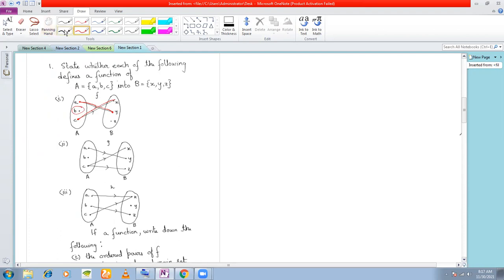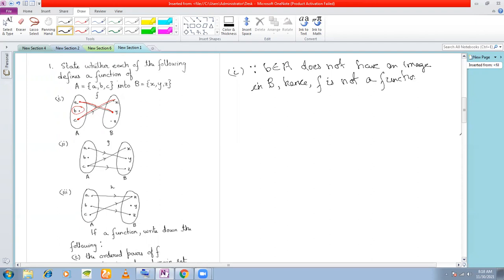So therefore, since B belongs to A, it does not have an image in B. Hence, F is not a function. If it is not a function, then what is it? It is a relation.